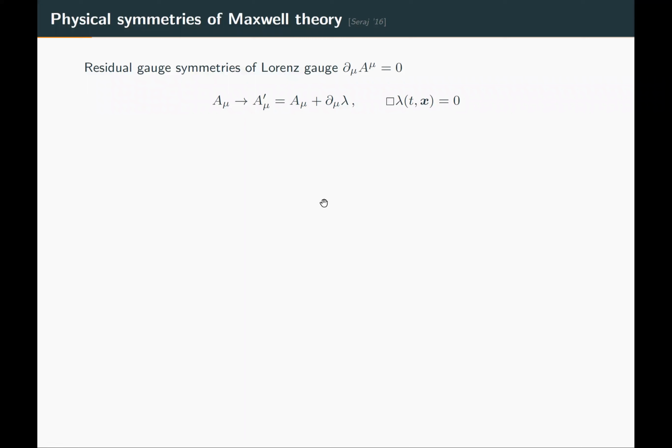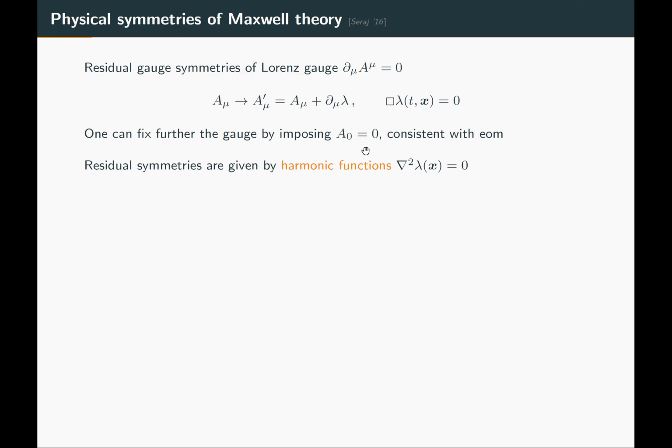Now, this was a quick introduction of multipole moments. What I did in the past was that I showed that these multipole moments are related to some charges, some symmetries in Maxwell theory. Now let me explain that. If you take harmonic gauge, which is given by this equation, the residual symmetries of this gauge are given by solutions to the wave equation. We can fix the gauge further by imposing that the zeroth component of the gauge field is 0.